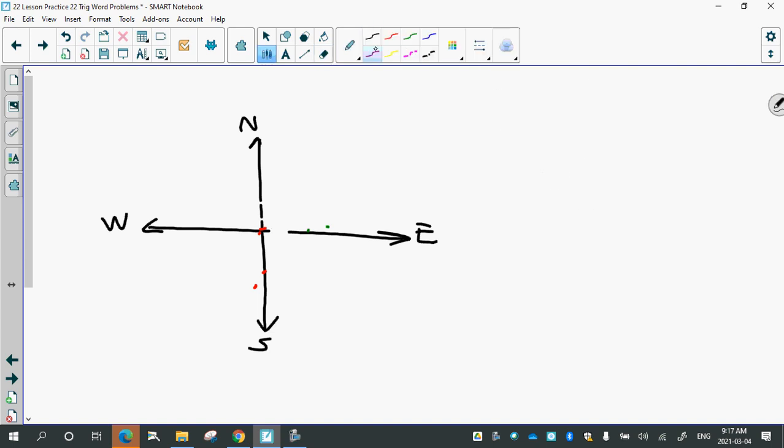Okay, let's try west, 40 degrees towards the north. West, 40 degrees towards the north.